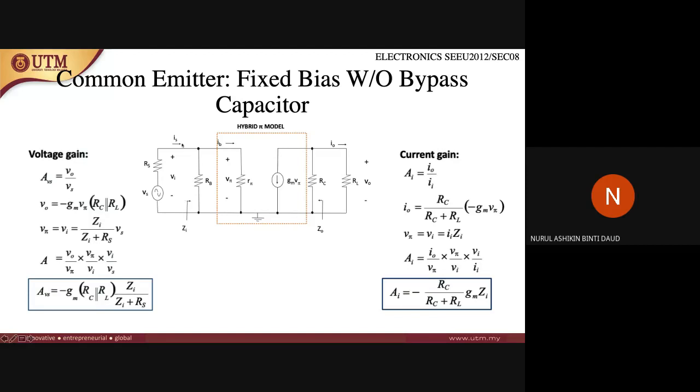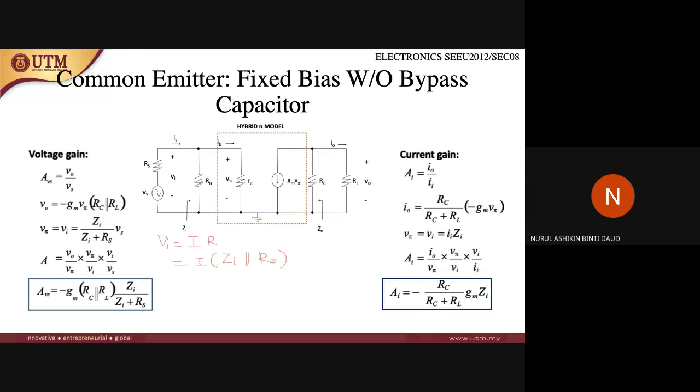VI input is equal to IR, right? So R is the input impedance. First we look into R: the input impedance ZI is connected in parallel with RS.